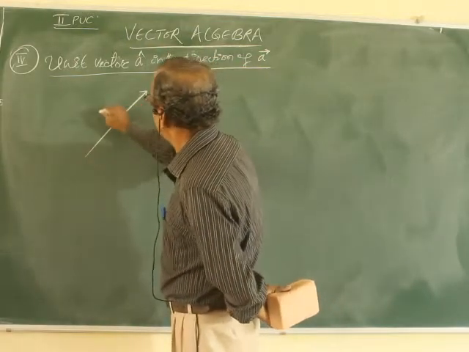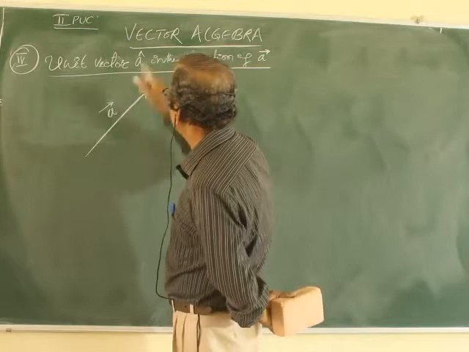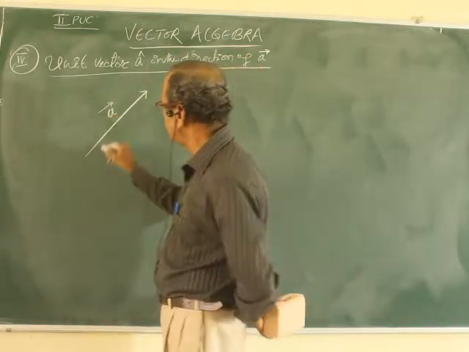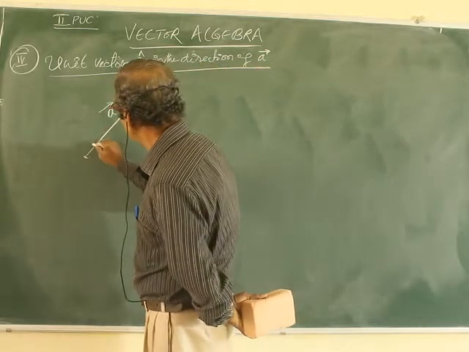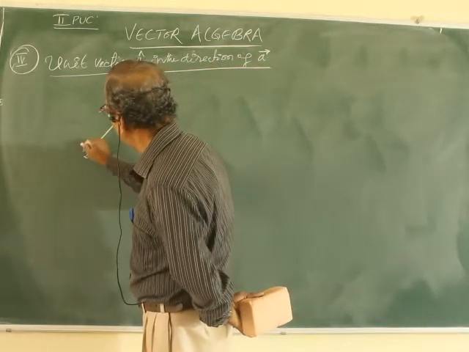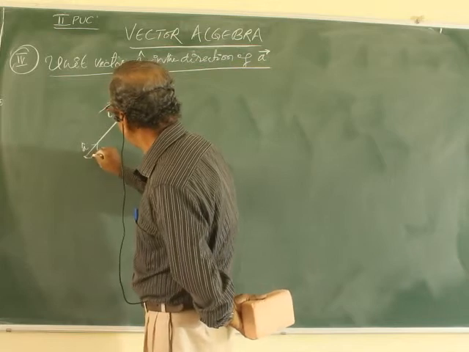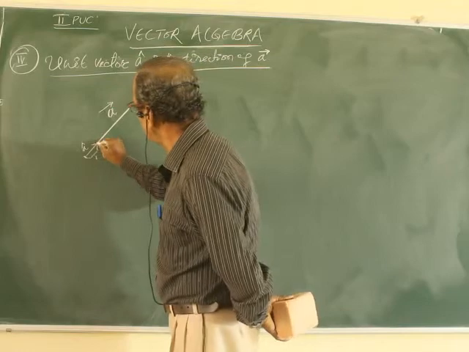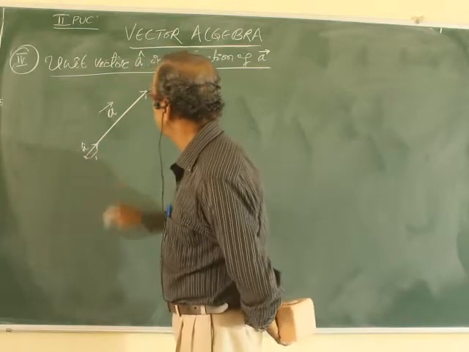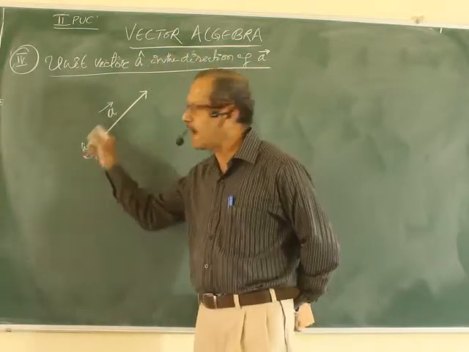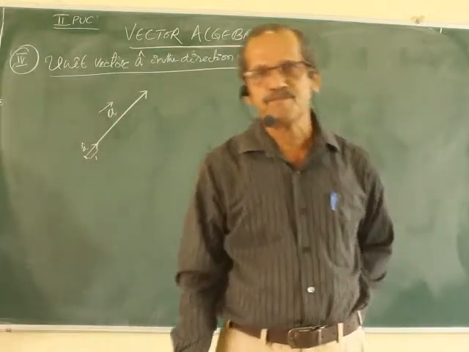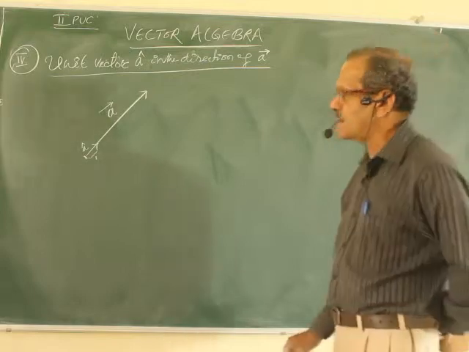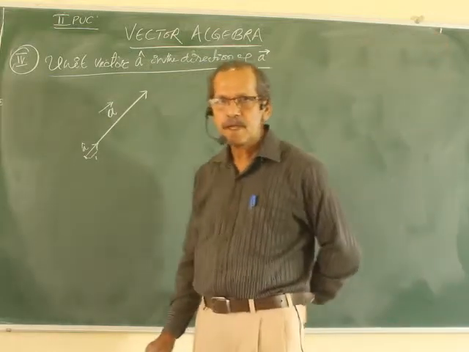See, given the vector A, how to find the unit vector in the same direction as that of A? Unit vector means it is a vector having magnitude 1. Given the vector A, find the unit vector A cap. That is the part. Unit vector A cap in the direction of A.